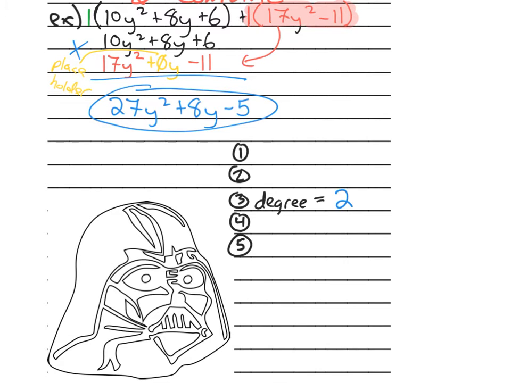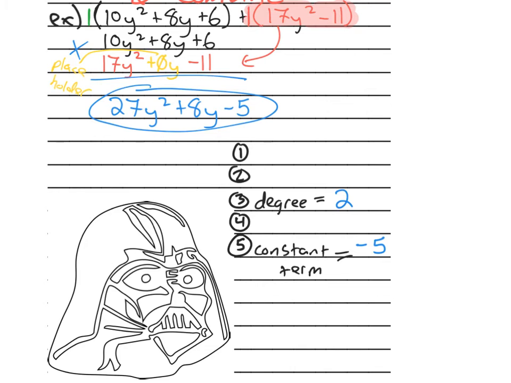We know that's because that's our largest power in the whole polynomial. Another thing we could use to describe our answer: the constant term. What's the constant term equal to? Very good, -5. Remember, it's a constant if it doesn't have a variable.